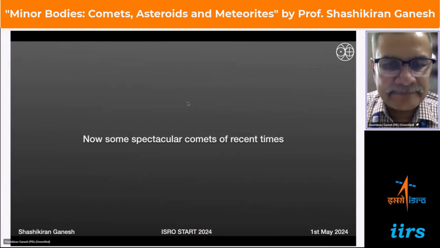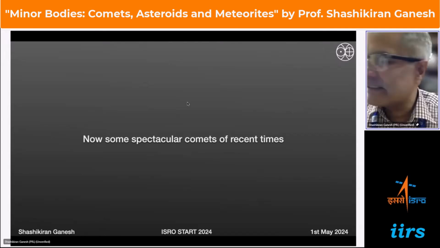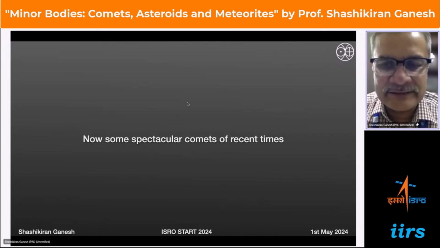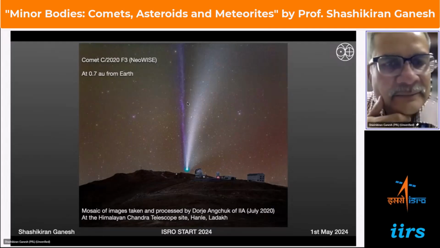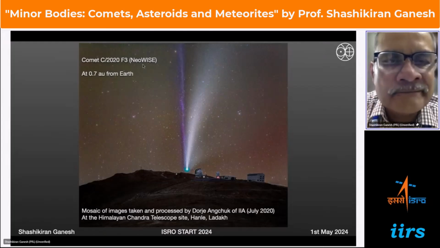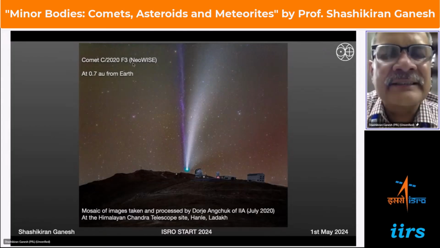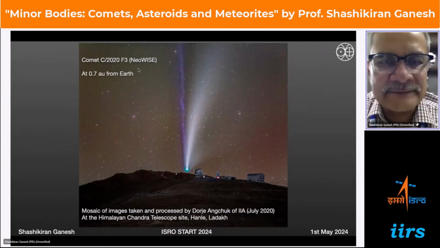Now let's look at some other interesting comets, just to understand what comets look like and what we can tell about them from the images. This, for example, is one of the most famous comets of the last few years, Comet Neowise, and this was discovered in 2020, somewhere in the middle of the year.